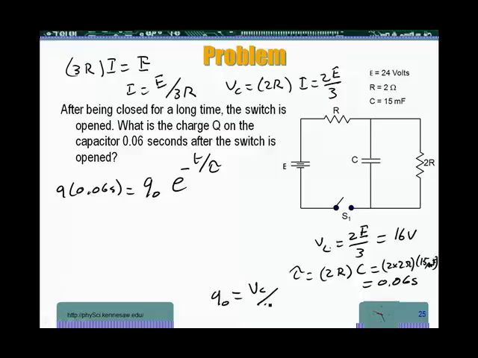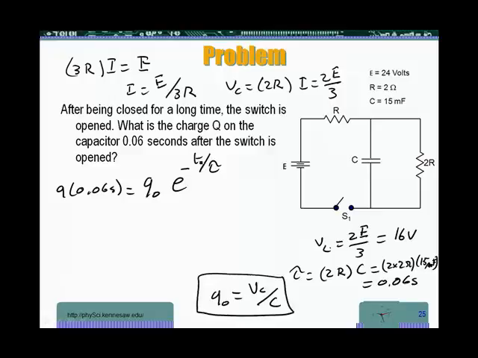The resistance is twice R. I mean, what am I talking about? Q is Vc over the capacitance. I'm not talking about current here, I'm talking about charge. So Vc over C.